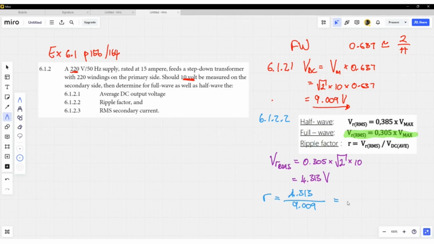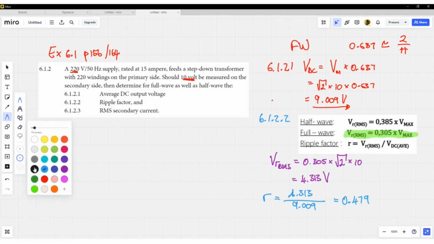That gives us a ripple factor of 0.478, or 0.479 rather, if you round to the third decimal. All right, so essentially what that means is 47.9% of our output voltage is ripple. So you guys can see that's actually quite big.